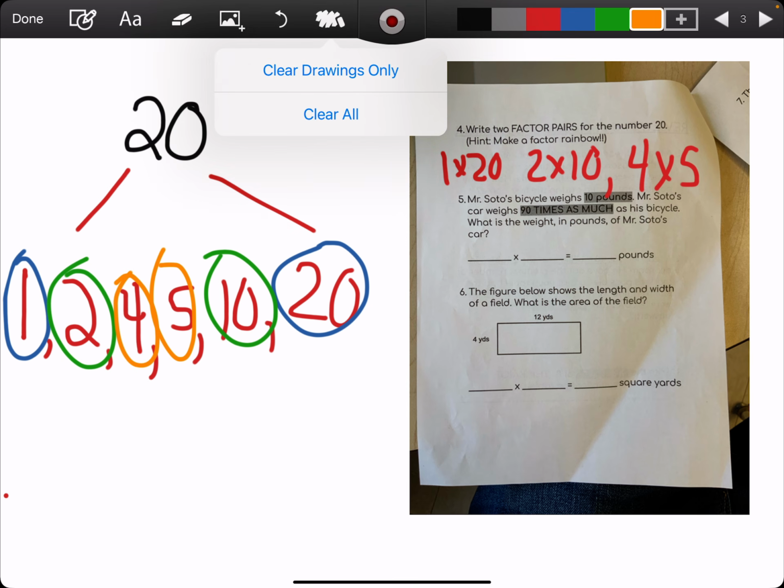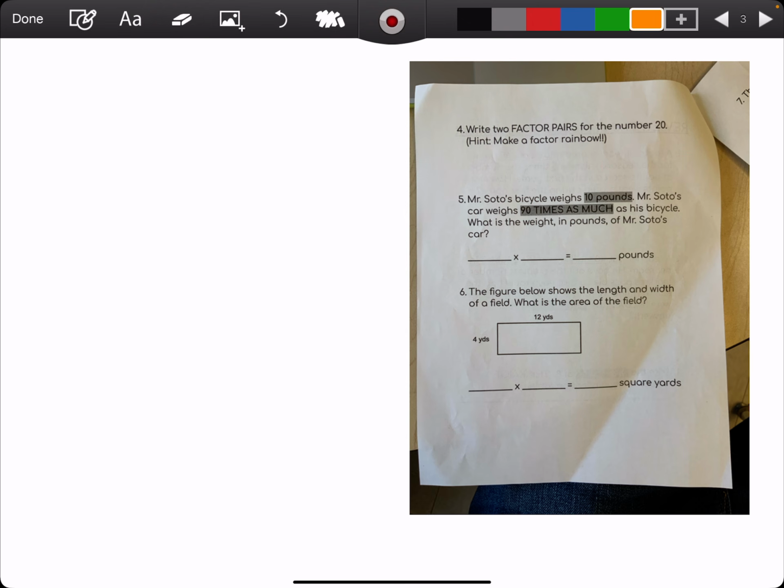Okay, now, let's look at number 5. Mr. Soto's bicycle weighs 10 pounds. Mr. Soto's car weighs 90 times as much as his bicycle. What is the weight in pounds of Mr. Soto's car? So, I'm annotating on the side. I'm going to go bike.